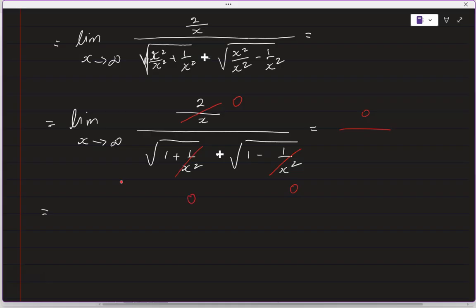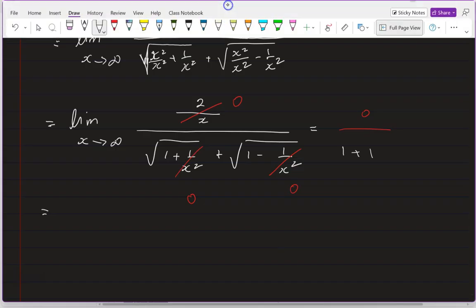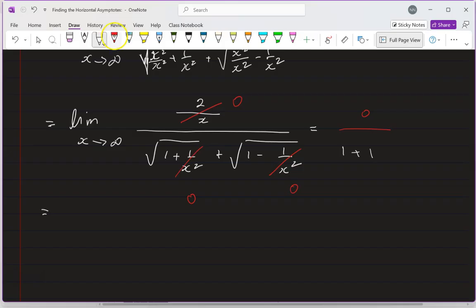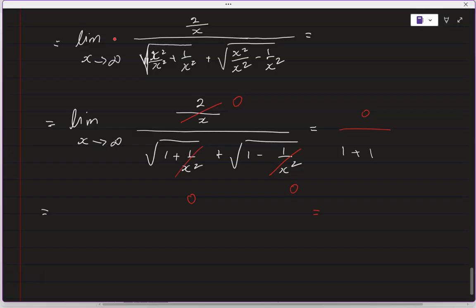And then the square root of 1, so you have 1 plus 1 in the denominator, and then your final answer will be 0 divided by 2, which is 0. So the equation of the asymptote is y equal to 0. That is the equation of the horizontal asymptote.